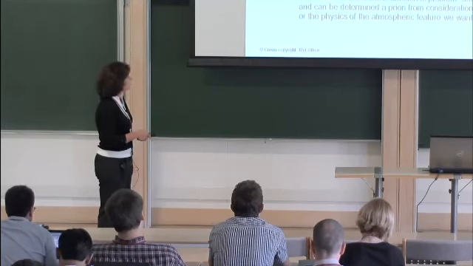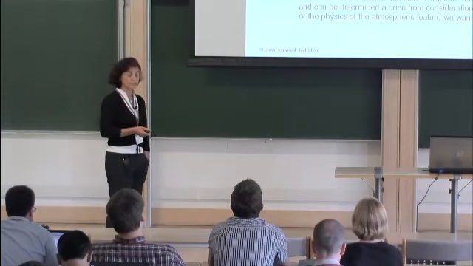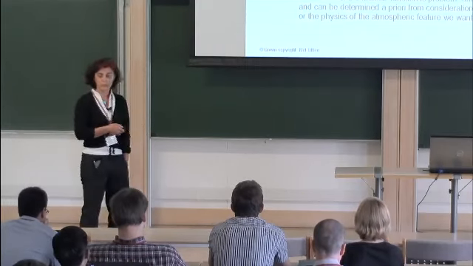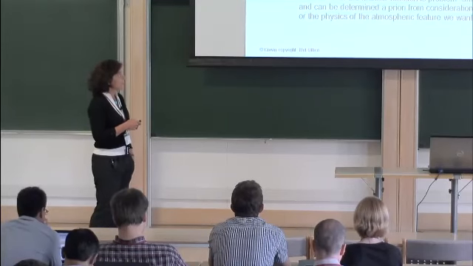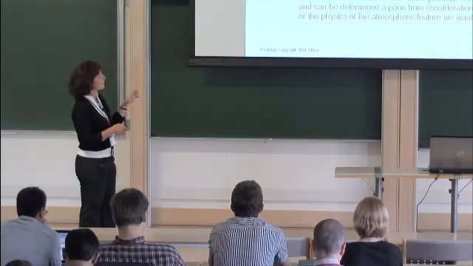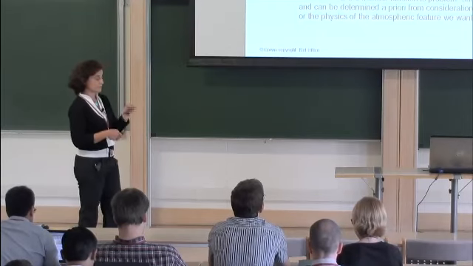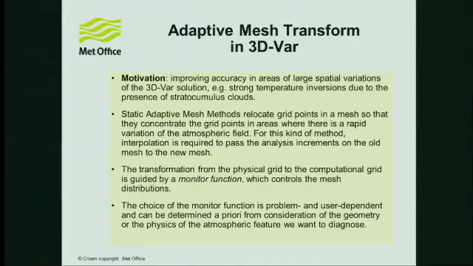So what we decided to use is a static adaptive mesh method. We don't need to use any PDE, so these methods are quite easy compared to what you do. What they do is relocate points. We use a fixed number of points, and we relocate points to concentrate them in interesting areas of variation of the atmospheric fields.